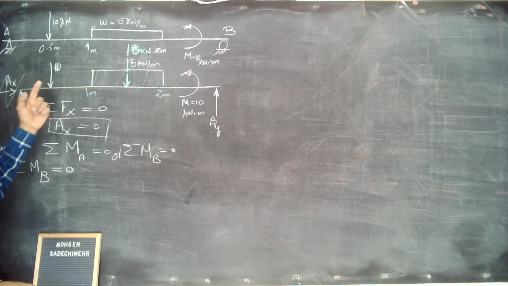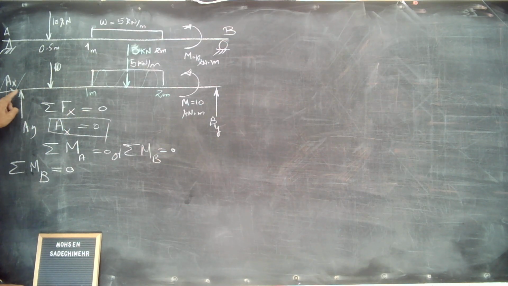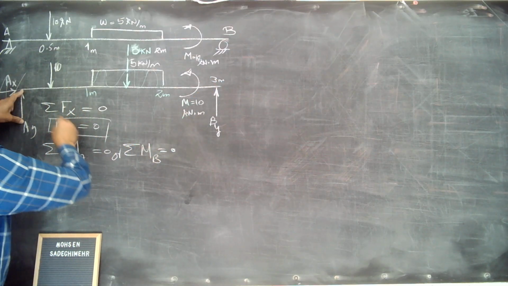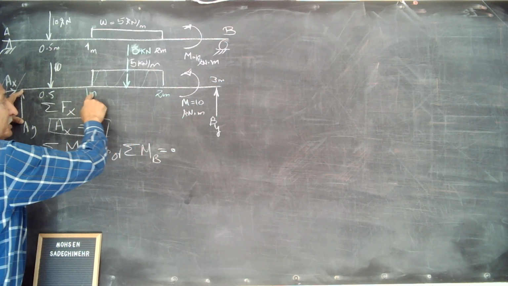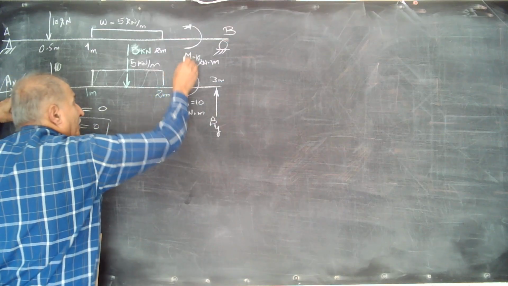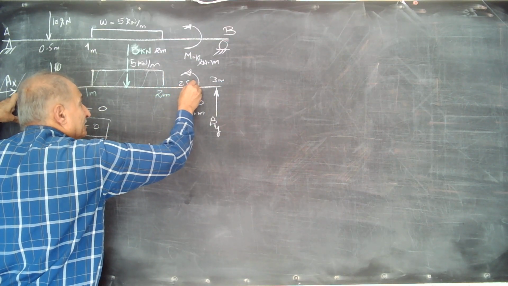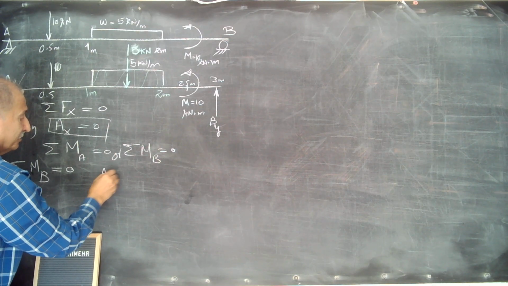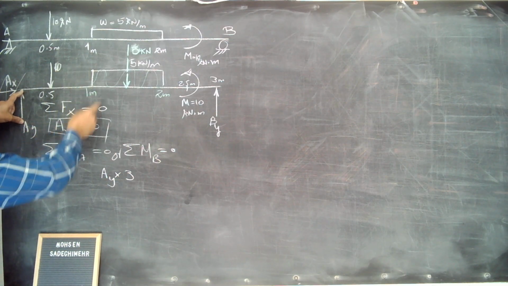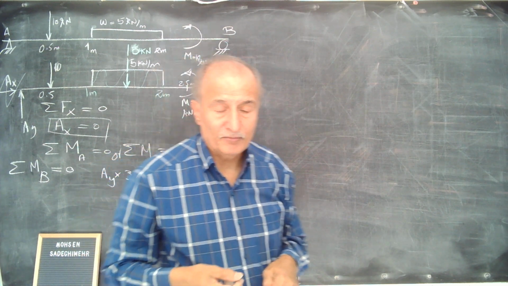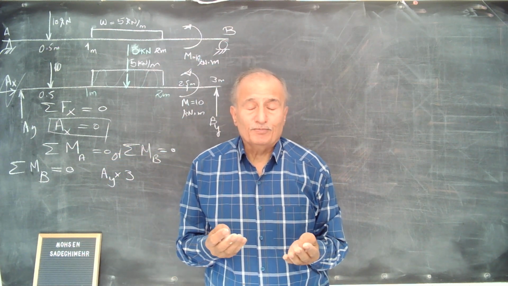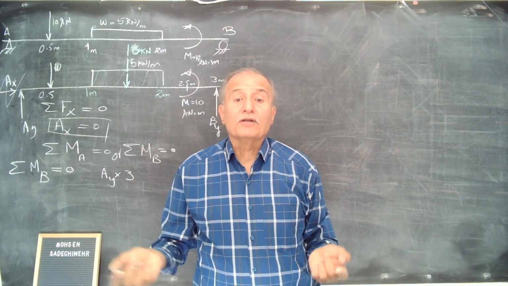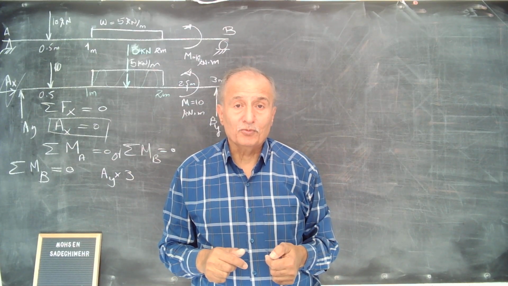Then let's start to take the moment at B. Ay times the length, which is here 3 meter distance. This is 0.5, this is 1 meter, this is 2 meter, this is 2.5, location of them. Then Ay times 3 produces a moment in clockwise. Most textbooks consider clockwise negative and counterclockwise rotation for moment positive.